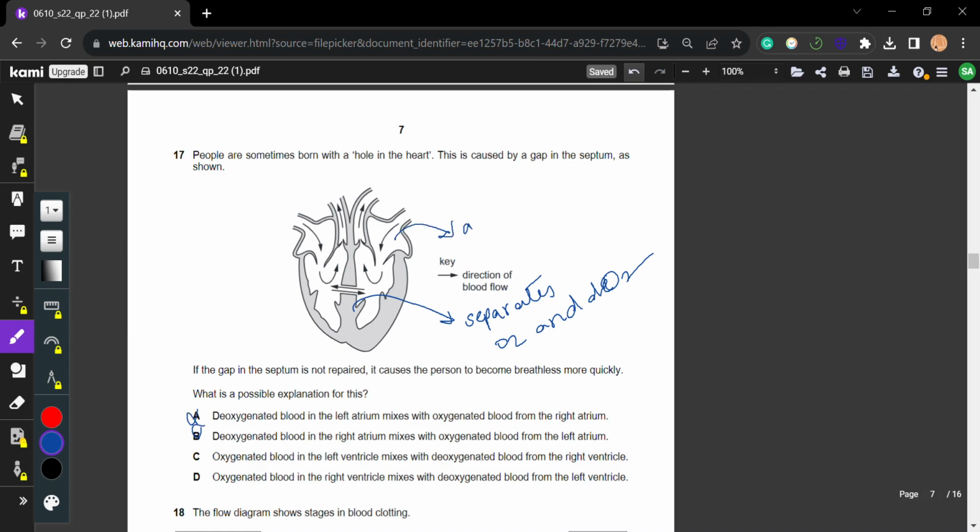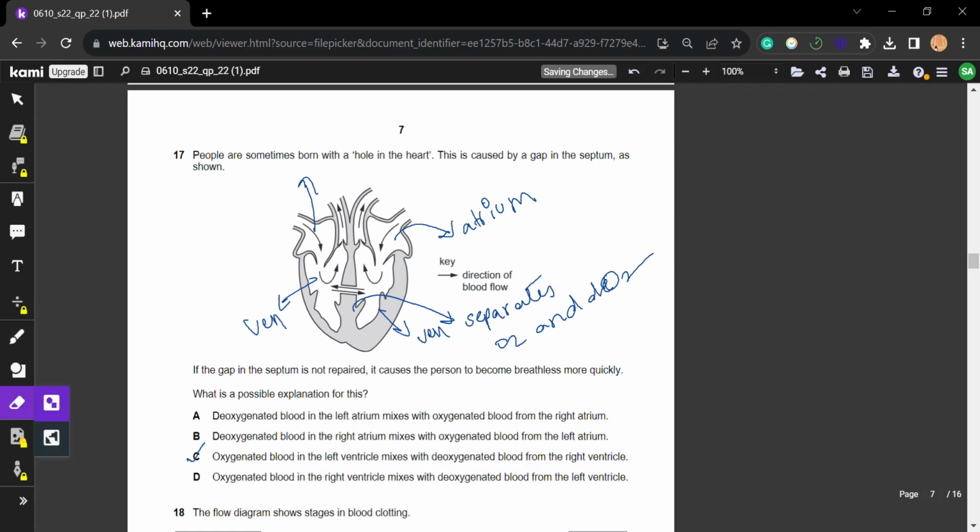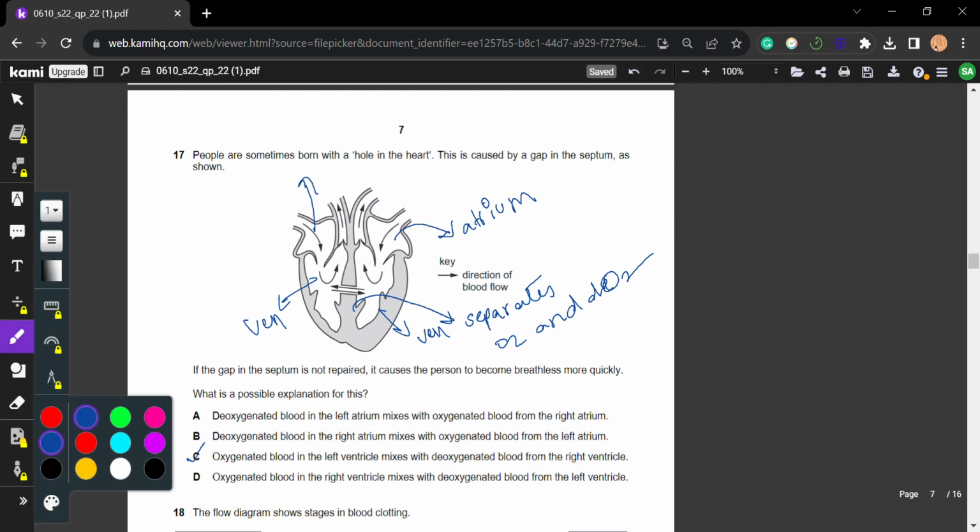This is atrium, and this is atrium, and this is ventricle, and this is also ventricle, right? So we can rule out A and B. Oxygenated blood in the left ventricle mixes with the deoxygenated blood in the right ventricle. Now, yes, that is correct because oxygenated blood is present on the left. This can be very confusing because when you're looking at the paper, it looks like your right is your left and your left is your right. Always put yourself in the position of the heart, which means imagine that you're standing next to the paper and then think about what's your left and what's your right.